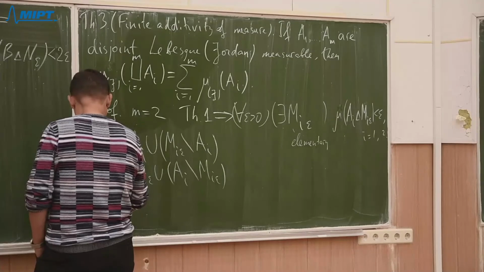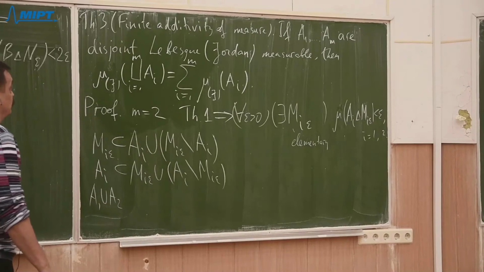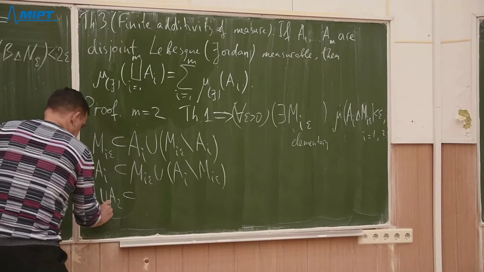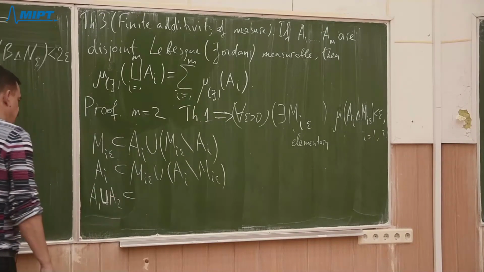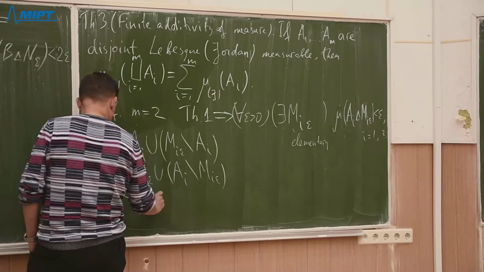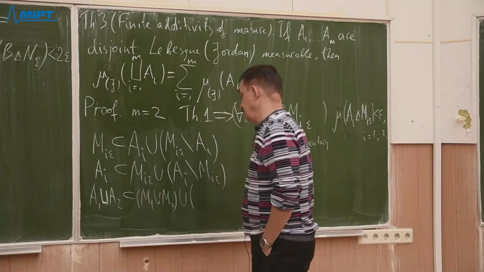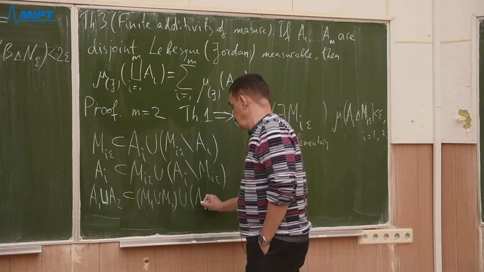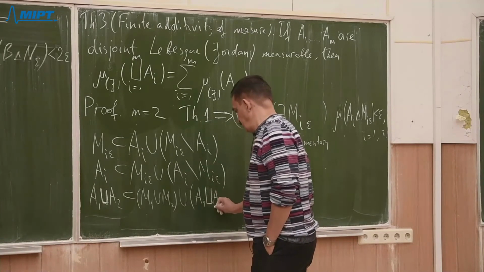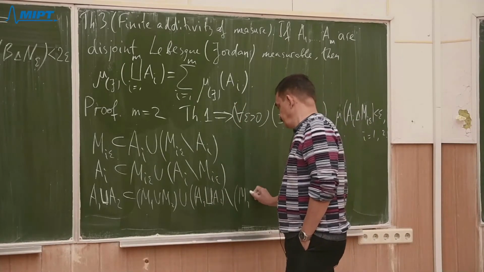For the union, A_1 and A_2 are disjoint, of course. I could write it like that, it doesn't matter. So the union of M_1 and M_2 is a subset of the union of A_1 and A_2, together with the difference between the union of M_1 and M_2 and the union of A_1 and A_2.